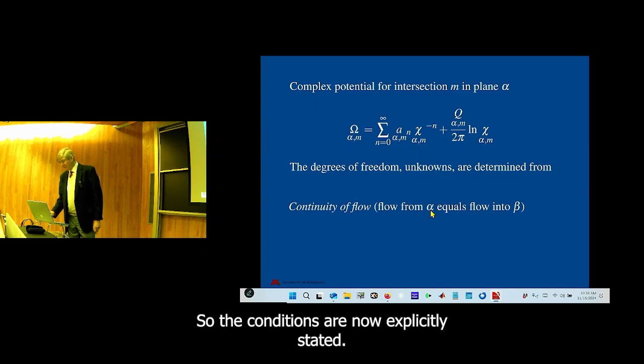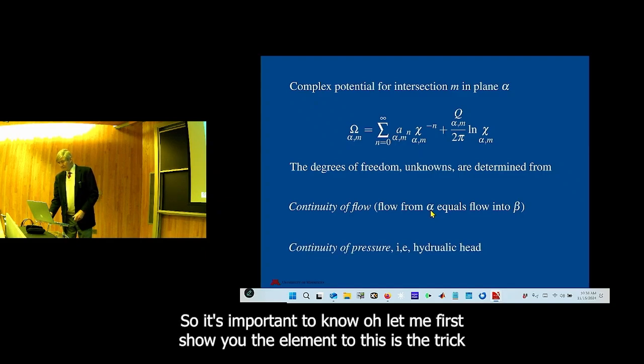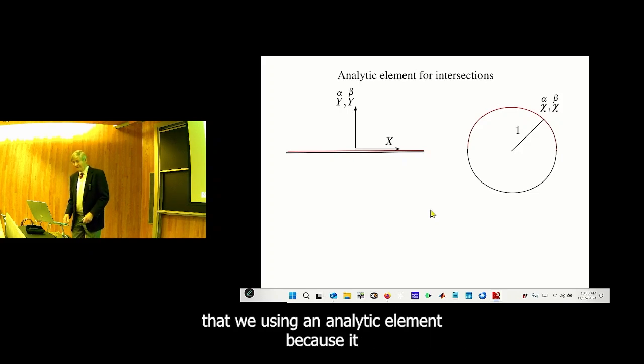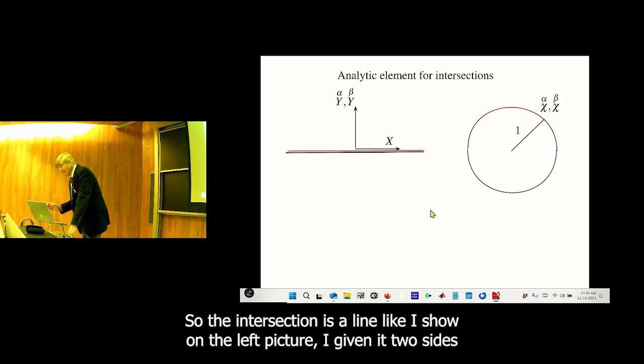So the conditions are now explicitly stated: continuity of flow and continuity of pressure. So it's important to know. Oh, let me first show you the element. This is a trick that we're using in the analytic element method. The intersection is a line, like I show on the left picture.